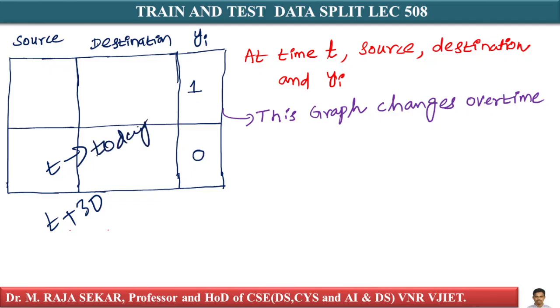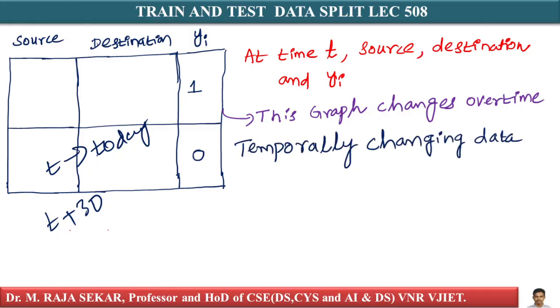Today is t. After 30 days, this graph would have changed because some people would have started following other people. So this graph is actually changing over time. So if you think about this, this graph will change, which means this data is actually temporally changing data, isn't it? That's what it actually is.